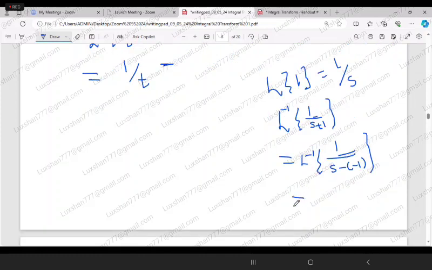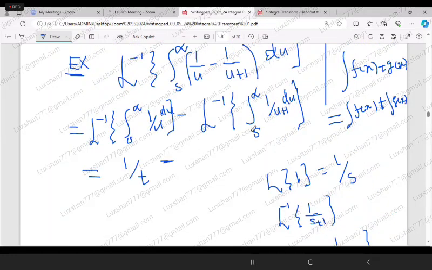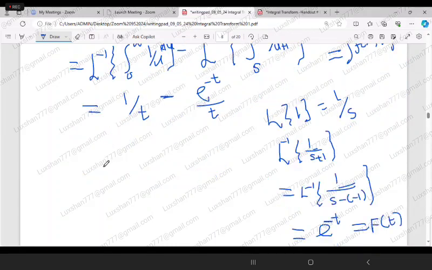Therefore, this is nothing but e to the power minus t. So this is our f(t). Since integration comes, we have to put e to the power minus t and divide it by t. So if we take t as a common factor, we write (1 minus e to the power minus t) over t.